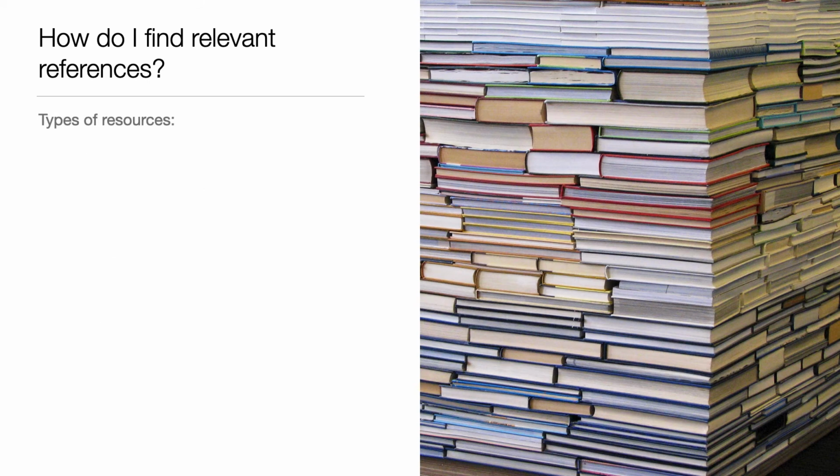So, once you know what you know, the question is, where do I find relevant references on this topic? And here it's important to realize that there are different types of resources. If you're totally unfamiliar with the concept, with your topic, the first place you want to look may be in encyclopedias like Wikipedia and other encyclopedias, just to get a definition of the concept.